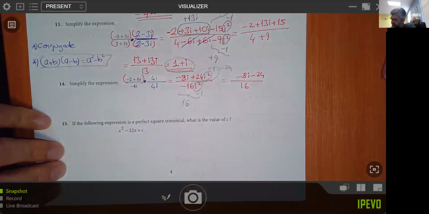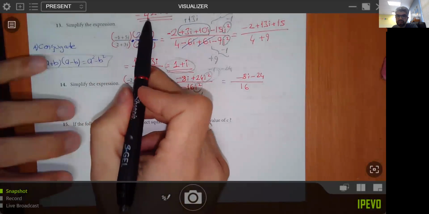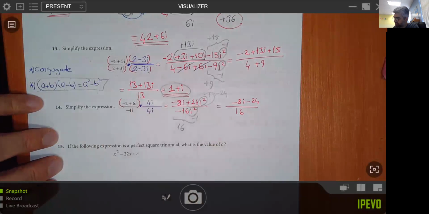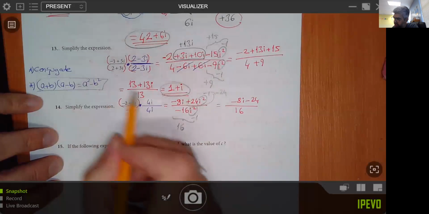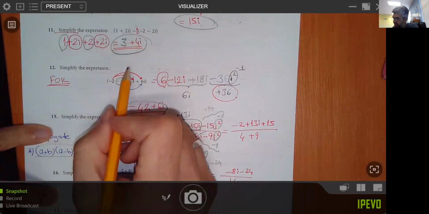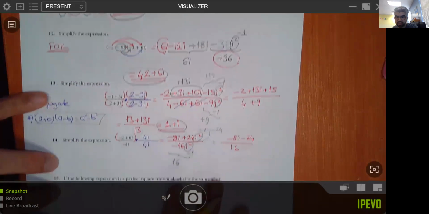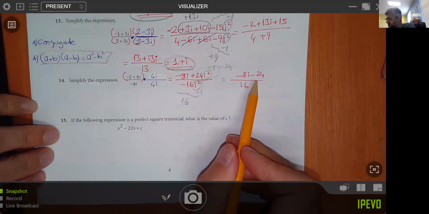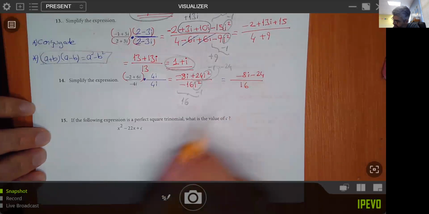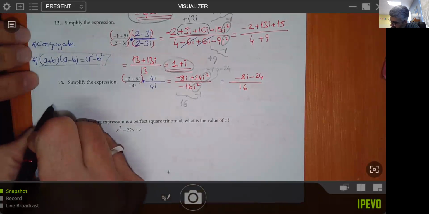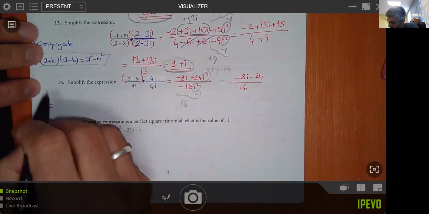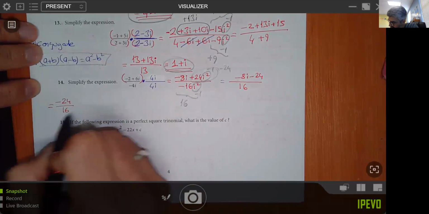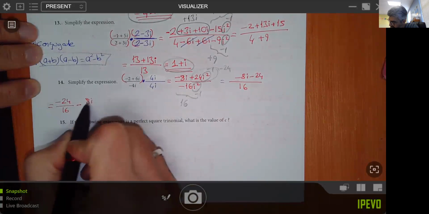It's not in standard form, you know. We have this one in standard form, a plus bi. You see, 3 plus 4i. These are the standard forms, but it's not yet. So let's simplify and write the real part first, okay? So how do I write it? I continue: equals -24 over 16, -8i over 16.